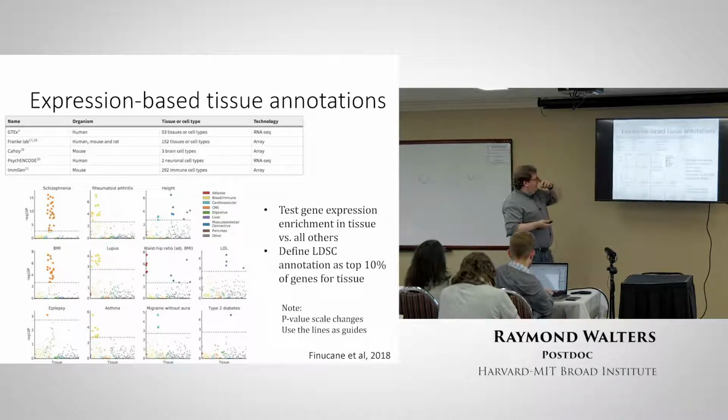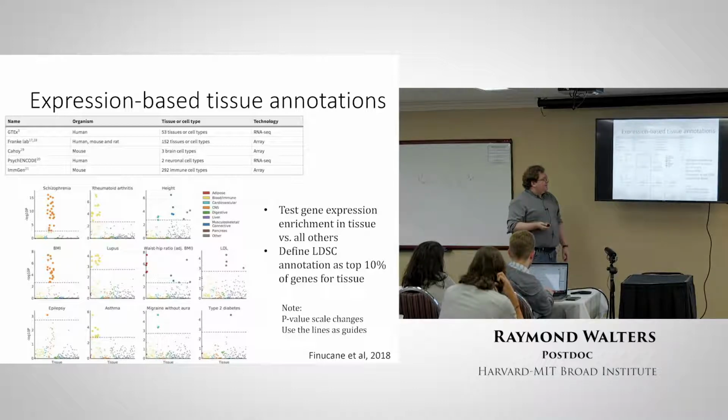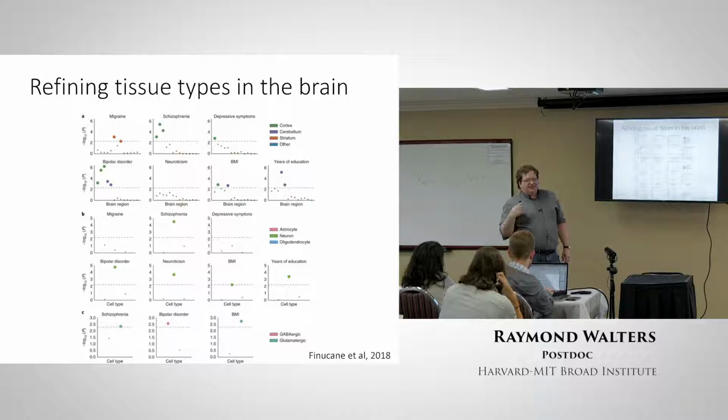And so again, you're getting resolution about different tissues in schizophrenia, different parts of the CNS system, I should say, in schizophrenia, different parts of the system in BMI. And if we start to zoom in on what those things look like, we actually get into refining the tissue types.